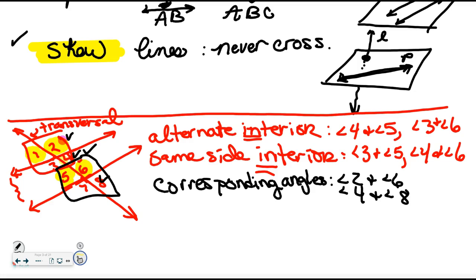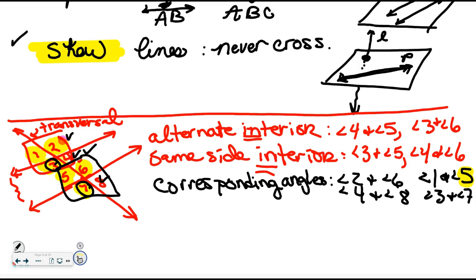Angle 5, top left. Yep. So angle 1 and angle 5. And who would be the corresponding angle to angle 3? 4. Nope. It's in the bottom left. So you go to the bottom left. These two. Bottom left. 3 and 7. Yep. Angle 3 and angle 7.